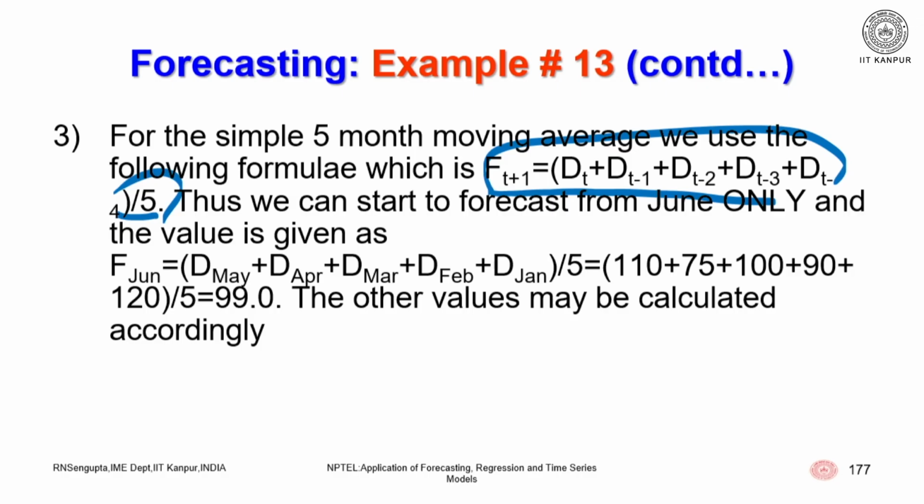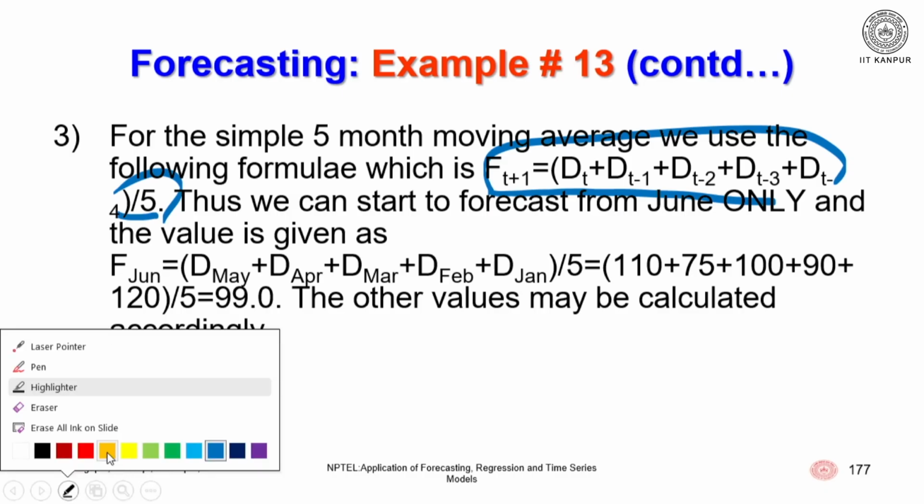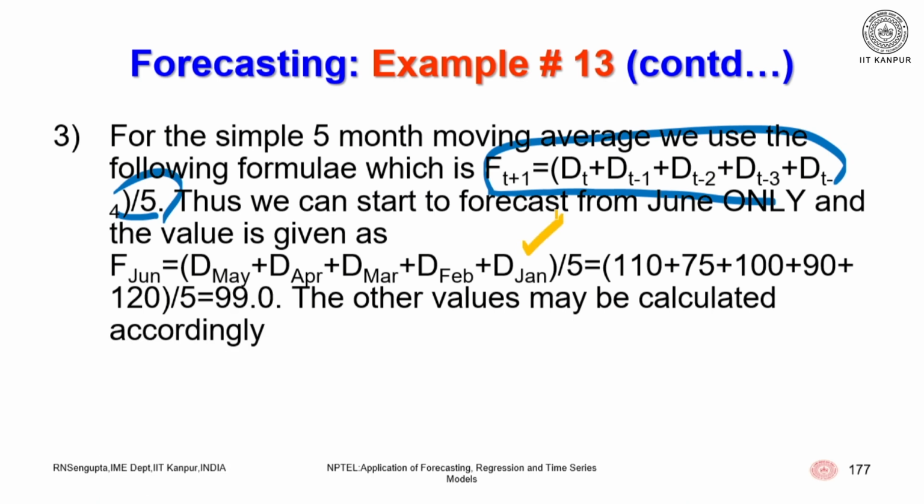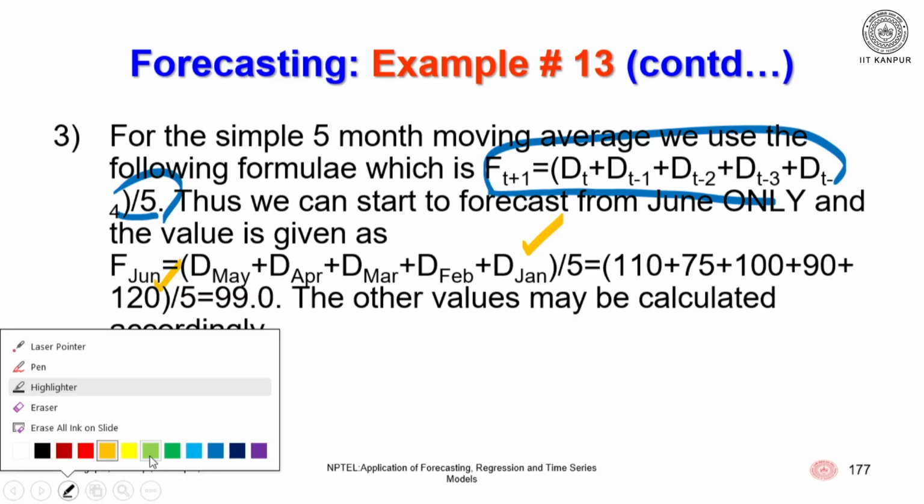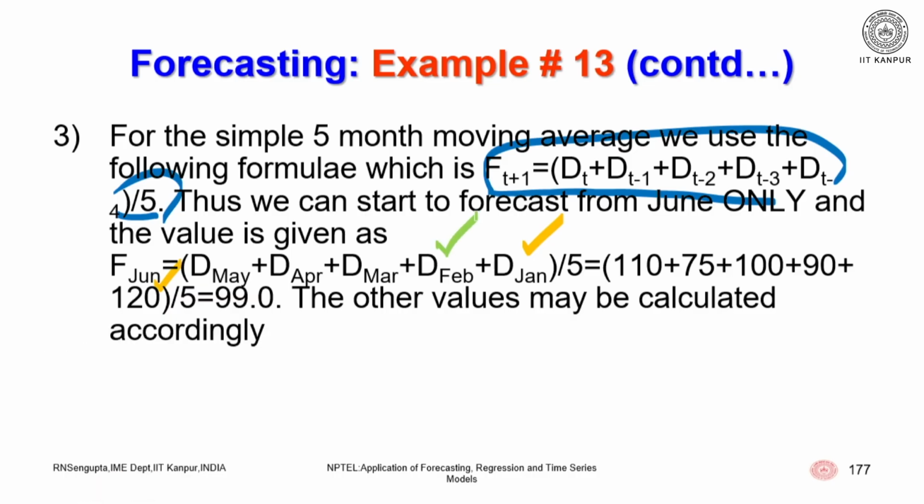If we want to forecast, we can only start from June and take the values as marked, which I will mark in orange. For January, it is given as 120. For the month of February, I am marking in green, it is 90.